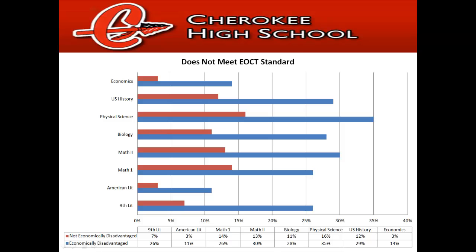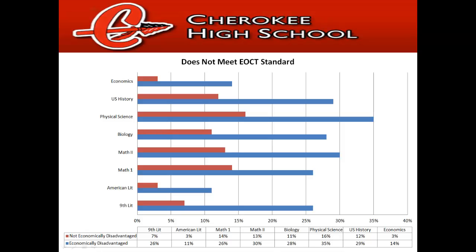And in economics, it's 14%. So in terms of our EOCT scores, we need to look at ways to close the gap between our not economically disadvantaged students and our students who qualify as economically disadvantaged.